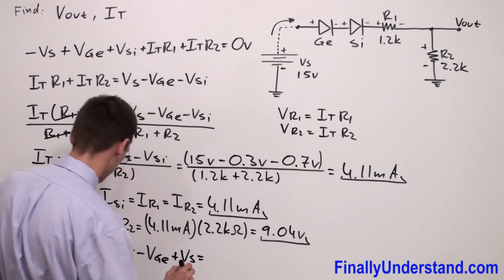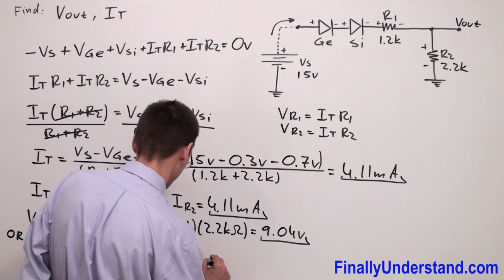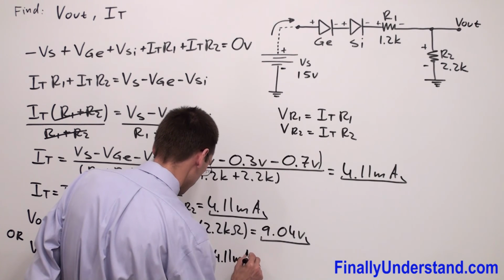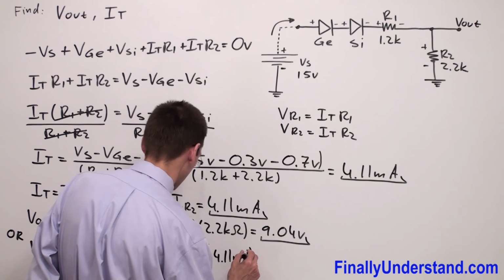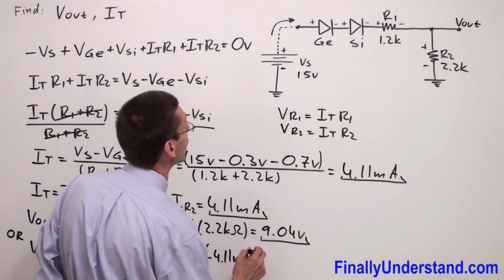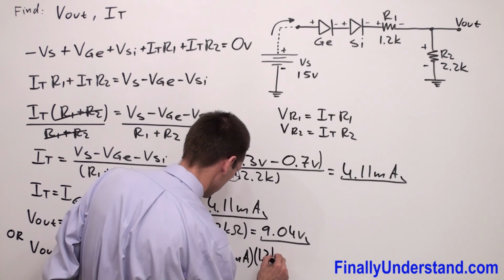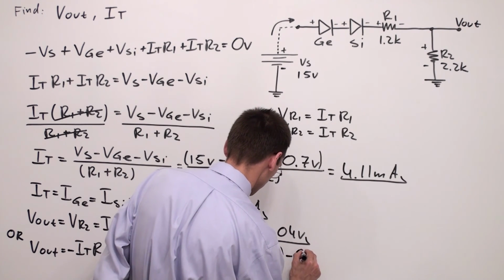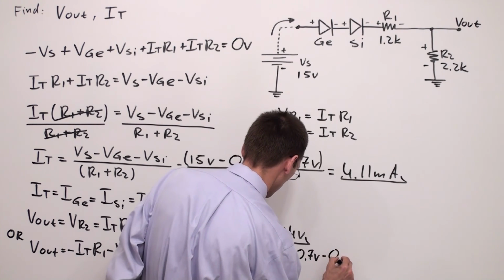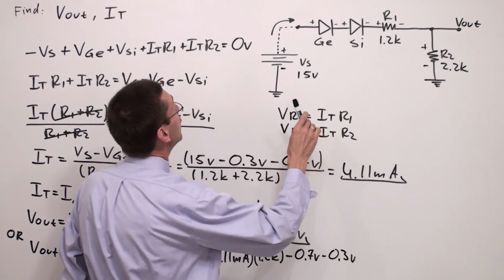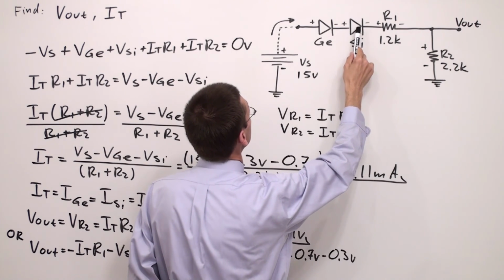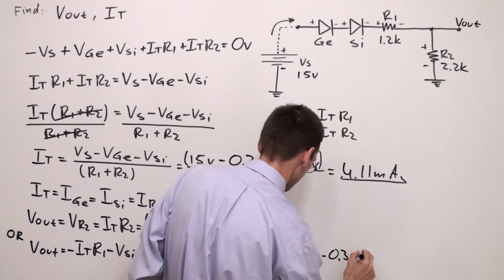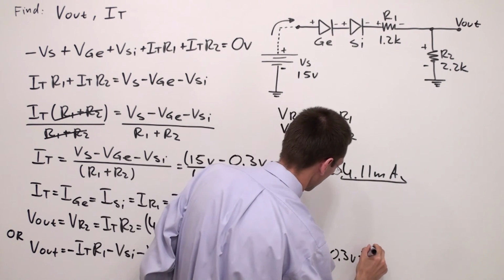So this is equal to negative 4.11 milliamps times R1, which is 1.2 kilo, minus 0.7 volts, minus 0.3 volts, those are the transition voltages for silicon and germanium diodes, and plus the voltage source, which is 15 volts.